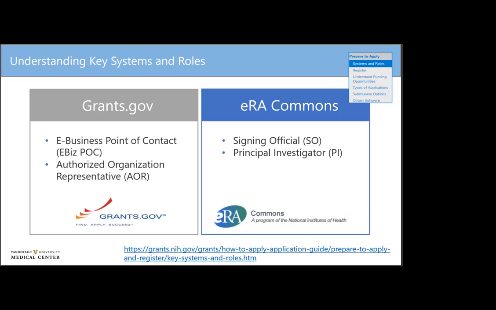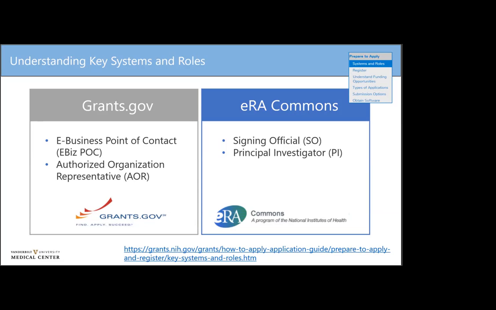That's how all grant applications to the US government go through grants.gov. And then ERA Commons is a system managed by NIH specifically, and this allows applicants, grantees, and NIH staff to securely share and manage application files and process grant-related information.